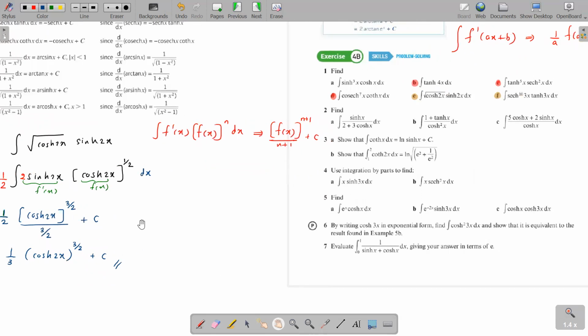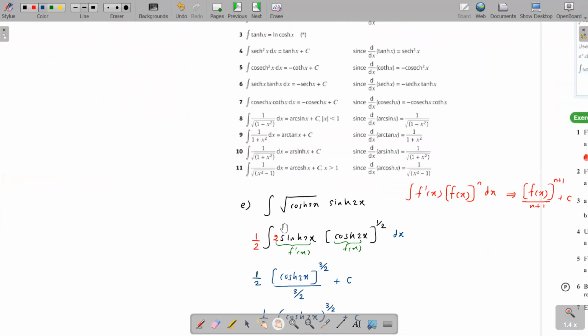Sech to the power 10 3x tanh 3x. Once again, you need to realize there's a power 10 for sech, which means that needs to be our f x to the power n. So you need to immediately think, okay, this is my f x, which means we need to have the differentiation of sech x outside.